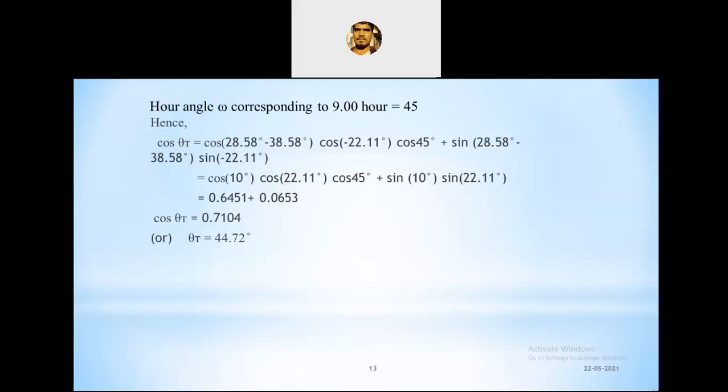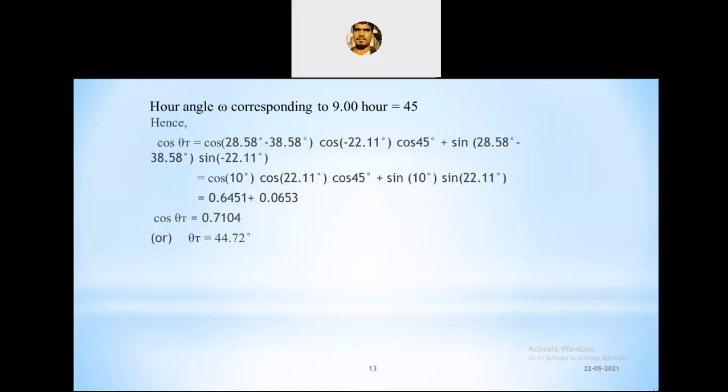The phi value 28.58 is given in the equation, and phi minus s, where s is the slope. So phi minus s is the given latitude plus slope angle, so both will add: 28.58 plus 10 degree, so it becomes 38.58. Then cos delta, since we got the value of delta, and cos 45 is the omega hour angle for 9 a.m., and sin(28.58 minus 38.58 degree) into sin delta, where delta we already got as minus 22.1 degree.